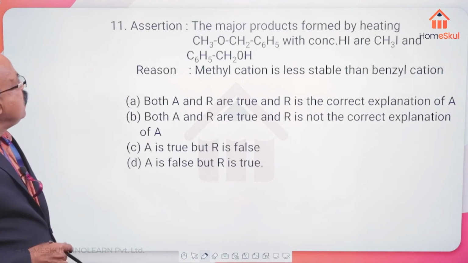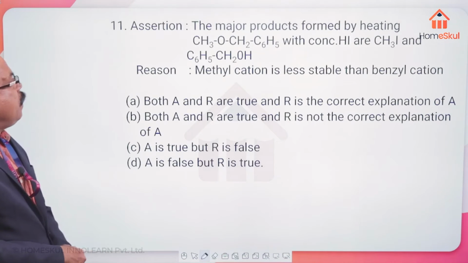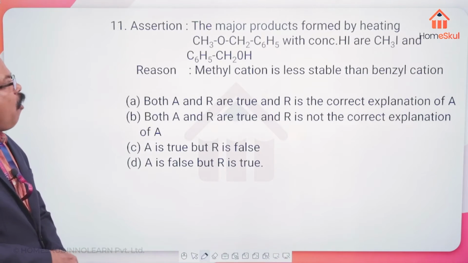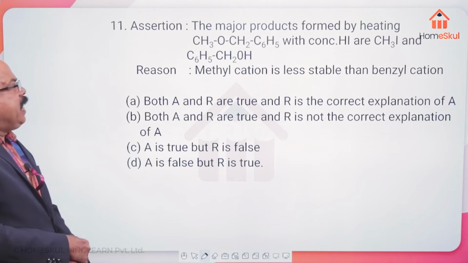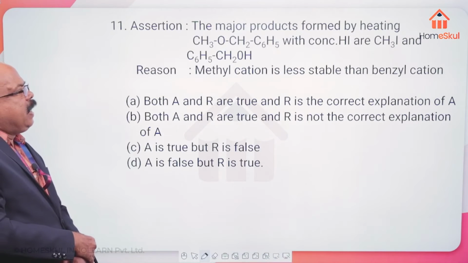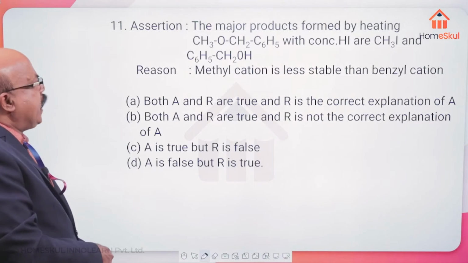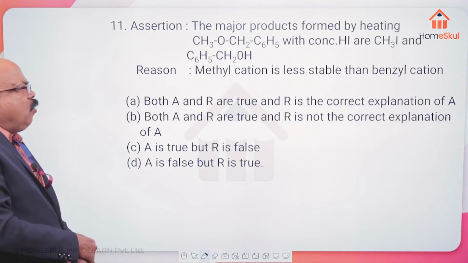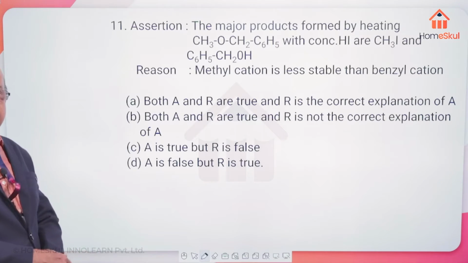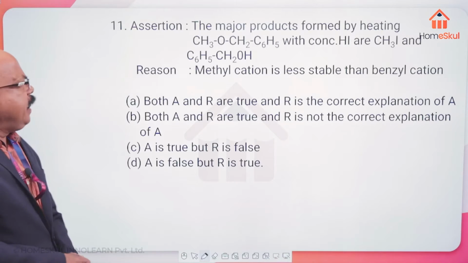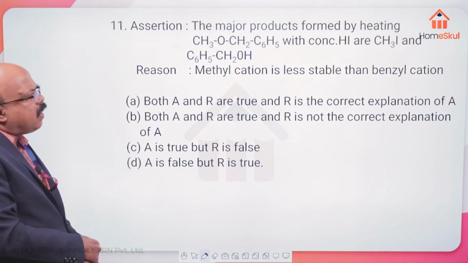Next assertion type question: the major products formed by heating benzyl methyl ether. While naming the common name, there is no need to mention the groups in alphabetical order. It is methyl benzyl ether.